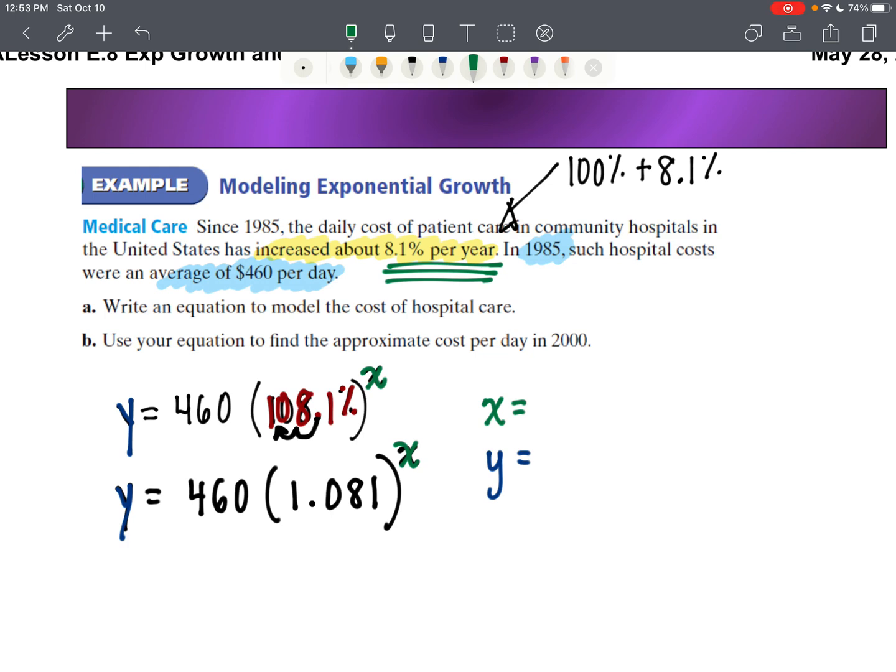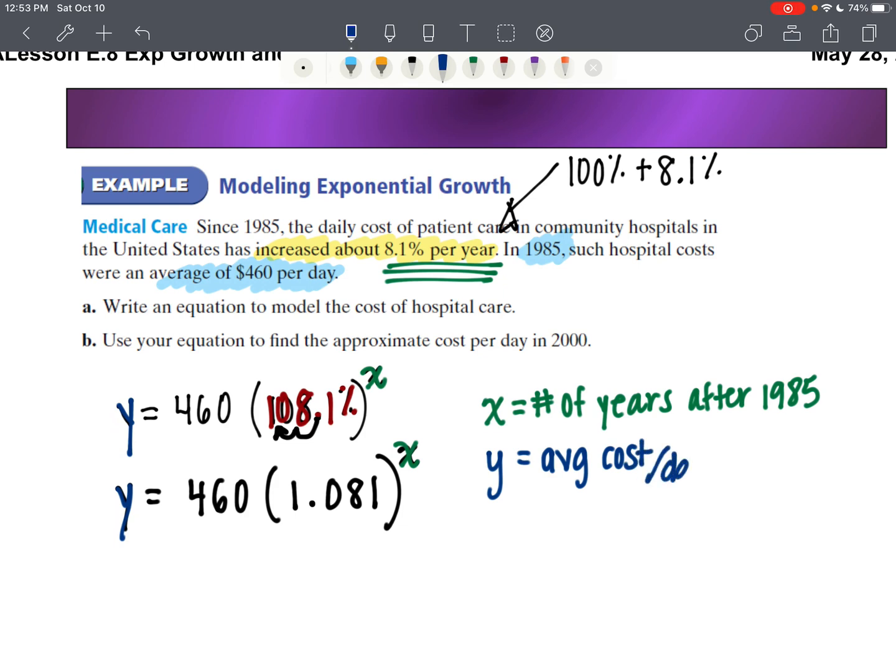So x is going to stand for the number of years after 1985. And y is going to stand for the average cost per day of hospital care.